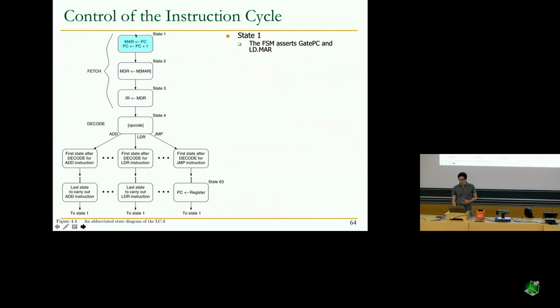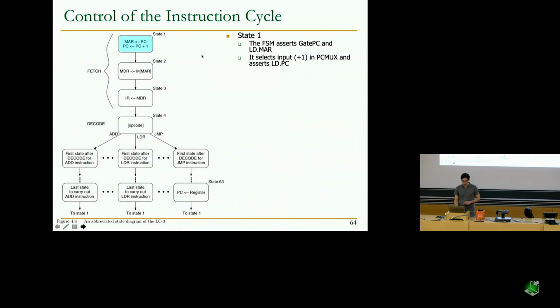In order to do that, we need to assert some of the control lines that you have seen in the previous slide, like gate PC and LD.MAR. We activate gate PC to put the content of the PC into the processor bus, and at the same time, we activate the load MAR signal to allow the processor bus to put that memory address into the MAR. At the same time, we can increment the PC.